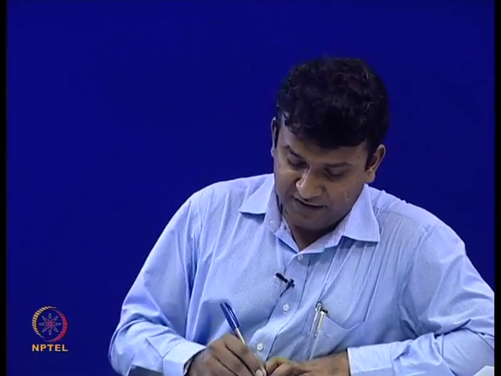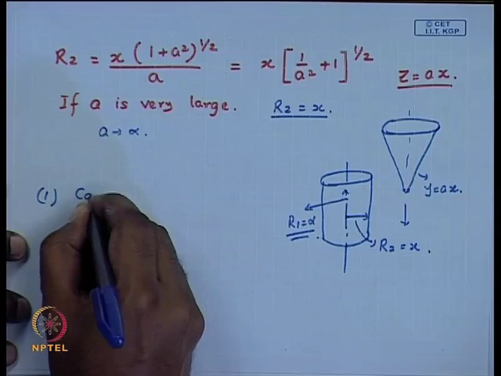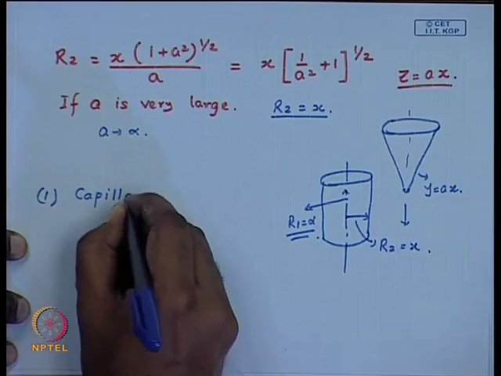So, this is another example we had, and now I will take up 3 distinct examples where the Young Laplace equation or the Laplace equation or the Laplace pressure becomes critically important. The first one of that, again we all know, is the capillary rise in a tube.